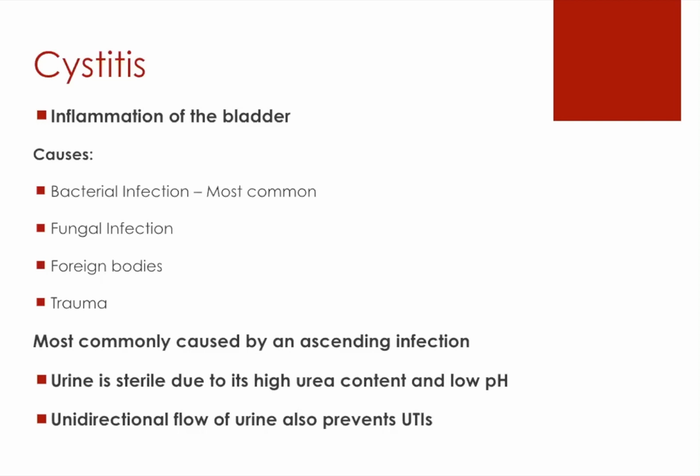The other thing that prevents infections from occurring is that unidirectional flow of urine. We need urine to flow in one direction in order to prevent bacteria from adhering to the urethra, making their way up into the bladder and attaching to the surface of the bladder. So that unidirectional flow prevents UTIs.